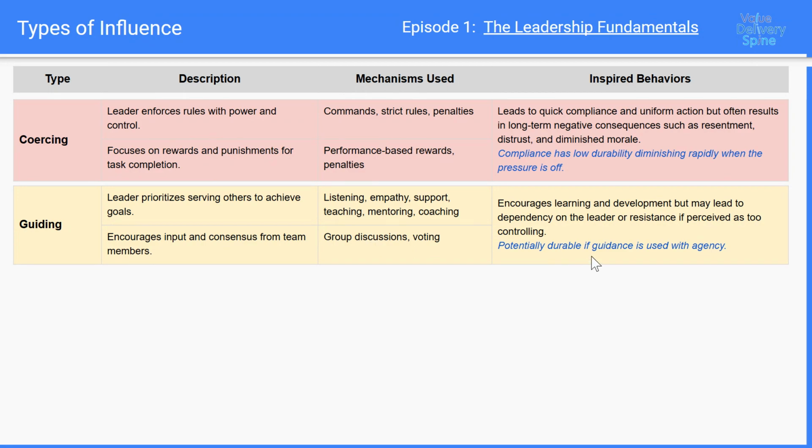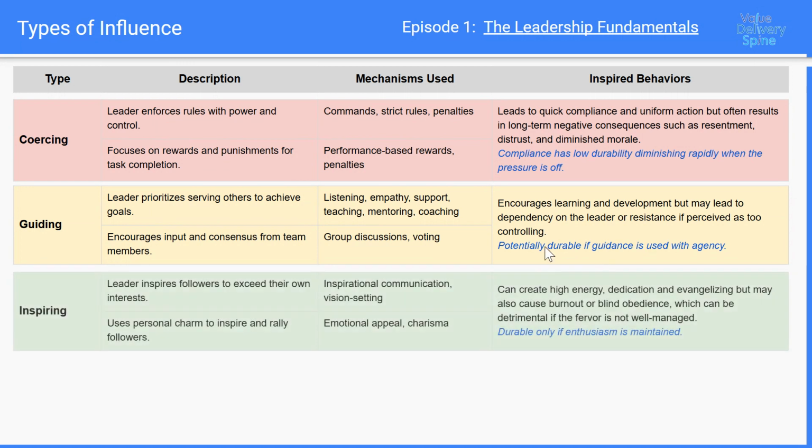It leaves each of the individuals with their own agency, so it's durable as long as the person with agency has chosen to take the guidance and move with it. You'll counsel somebody, they'll say, hey, it's a good idea to try these behaviors or take these actions, and then it becomes their own.